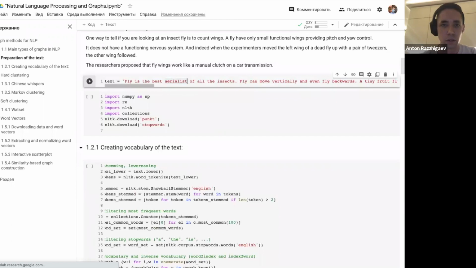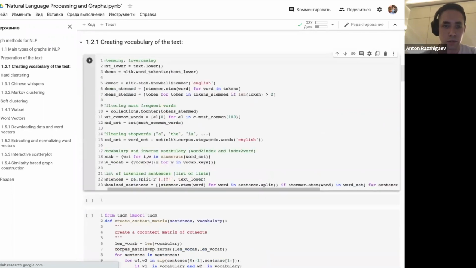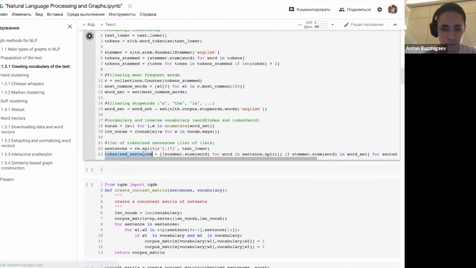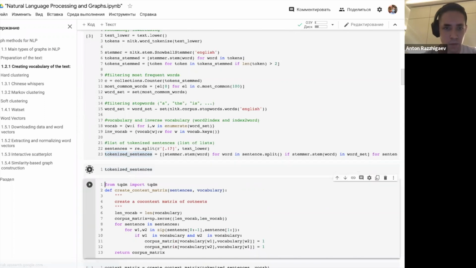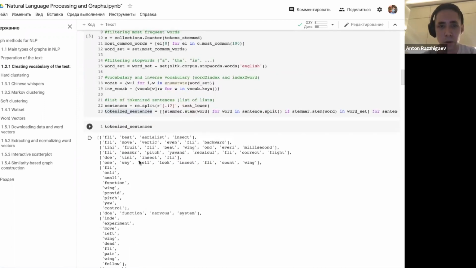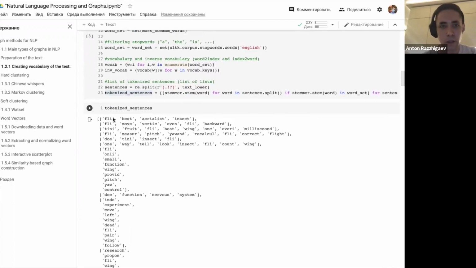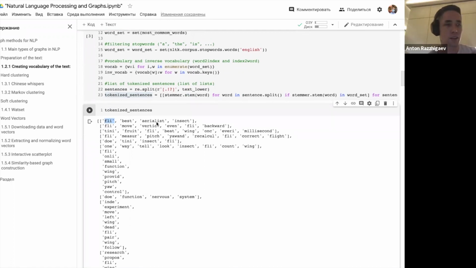Let me show you. Now our sentences look like this. As you can see, the word fly now looks like this. It is a result of stemming.